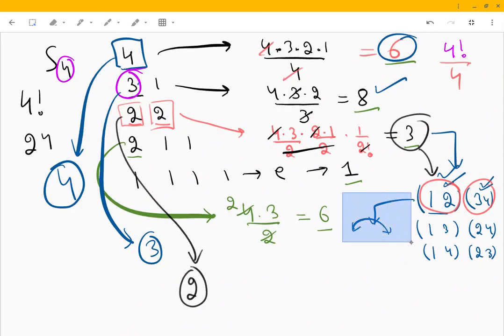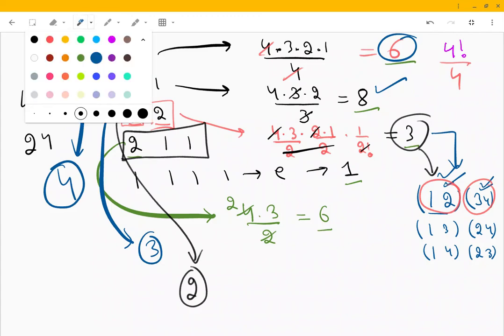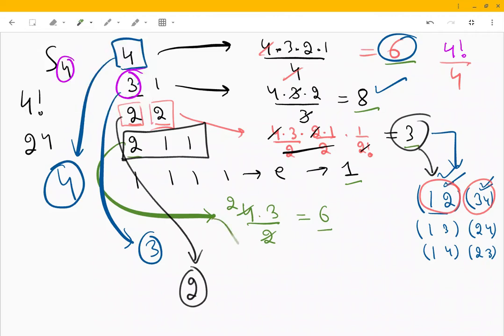Give me a moment. Look at the next 2 cycles, right? This thing again is 2 cycles, but of the form 1, 2.